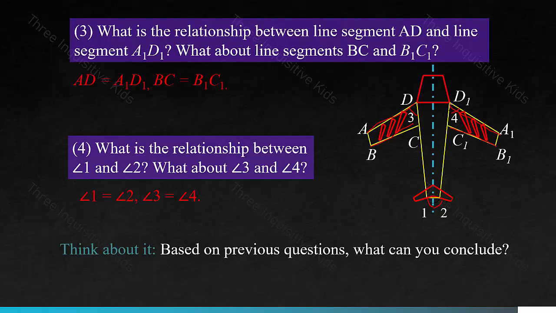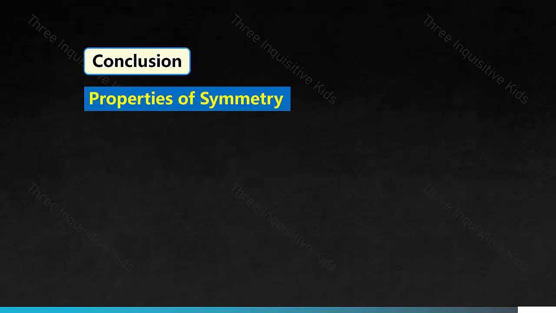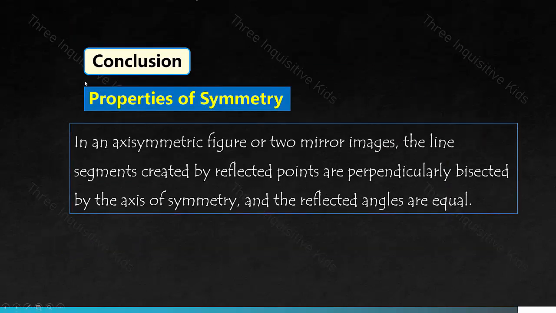Based on the previous questions, what can you conclude? Conclusion. In an axis symmetric figure or two mirror images, the line segments created by reflected points or symmetric points are perpendicularly bisected by the axis of symmetry, and the reflected angles are equal. So what does this mean? Let's say that we have an axis of symmetry.